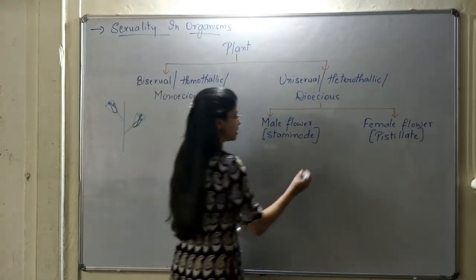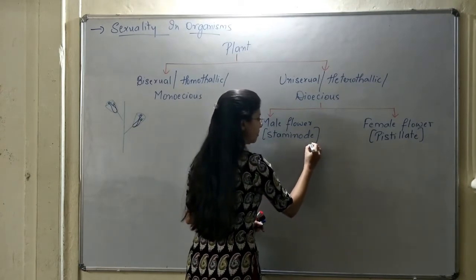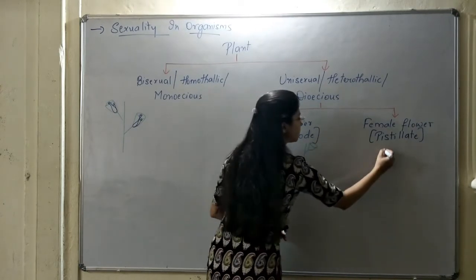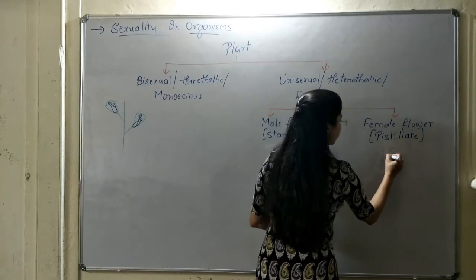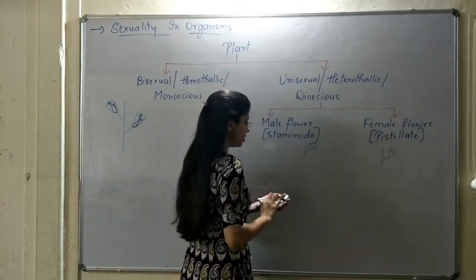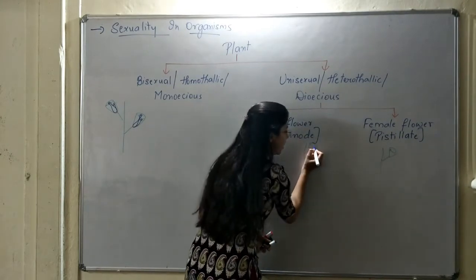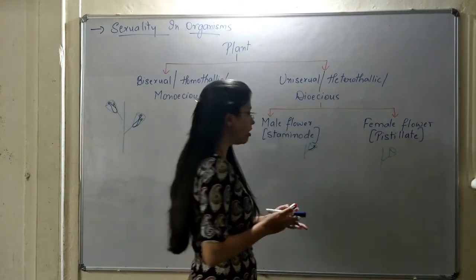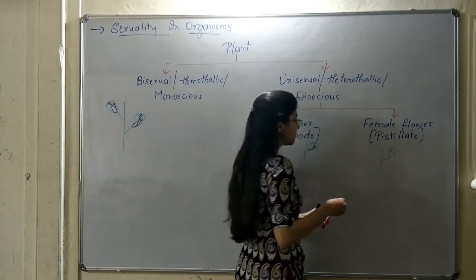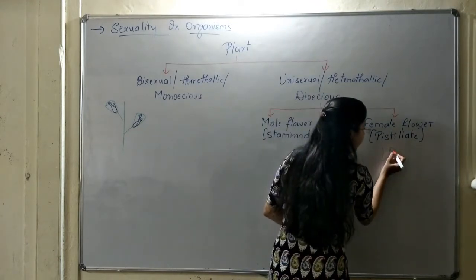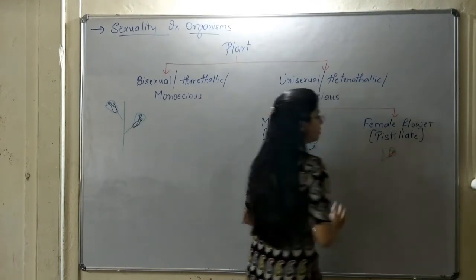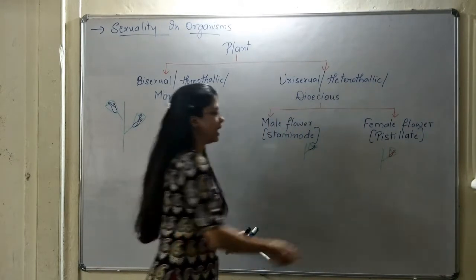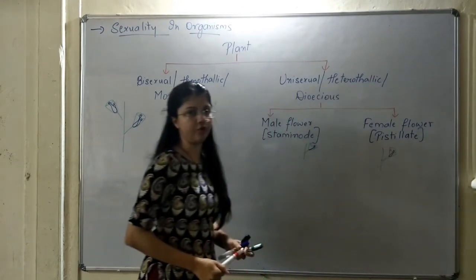So in this case, there will be two separate plants. A plant with only the male reproductive organs, that is the anther and the filament, and here it will have only the female reproductive system, that is the stigma, style and the ovary.